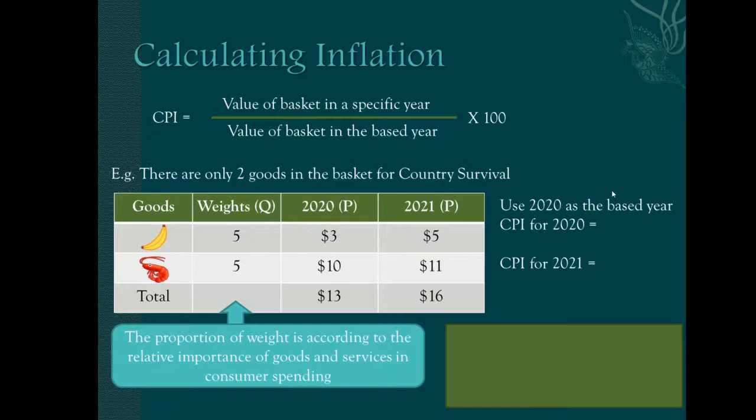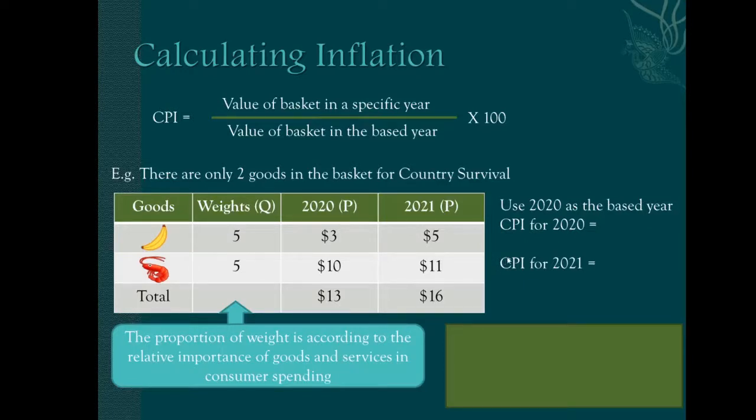Because for the base year it is always going to be 100, based on the equation itself. The value of the basket in a specific year, 2020, is 13, and we are setting 2020 as the base year. So for the base year, the value of the basket is also 13.